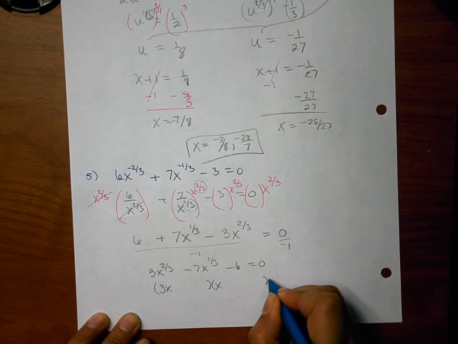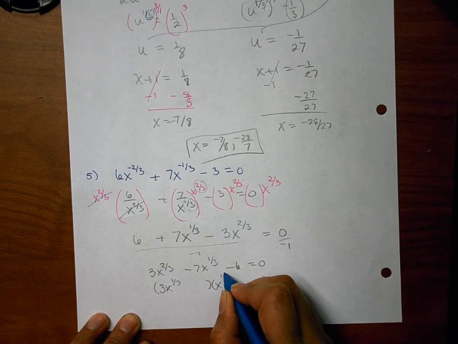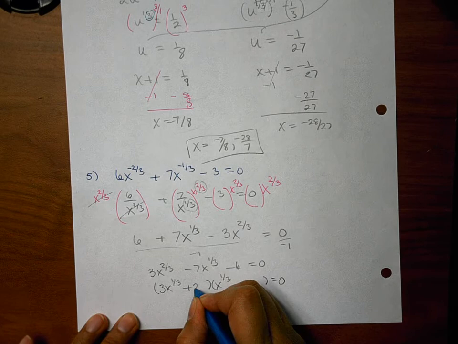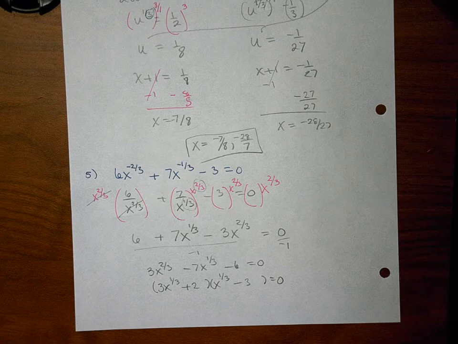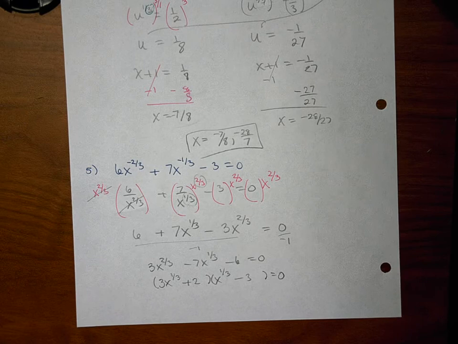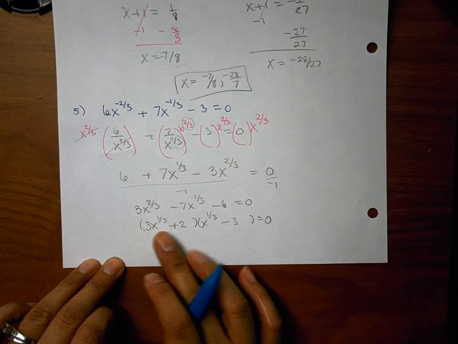All right, I can see it's a trinomial, guess and check. Half of 2/3 is 1/3. 3x and x, I'm going to use the middle exponent, it's 1/3. And it's going to be plus 2 minus 3. You can check it. Positive 2, -9 gives you the -7 in the middle.